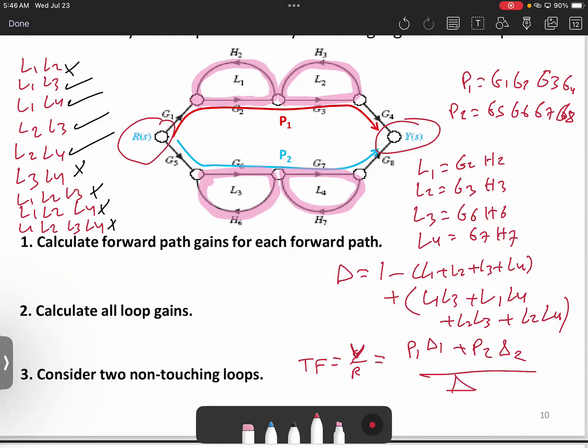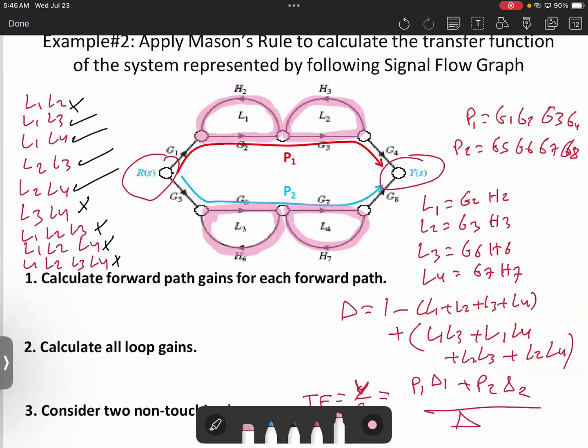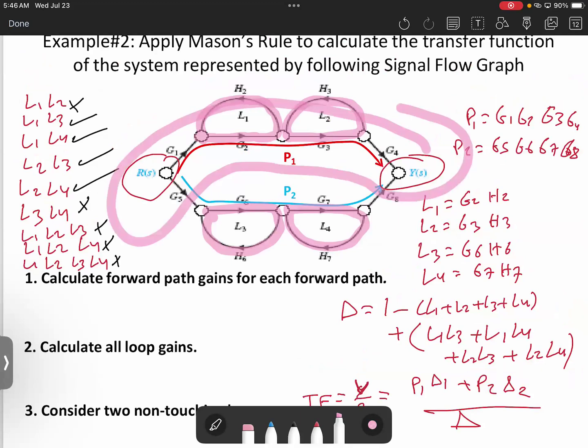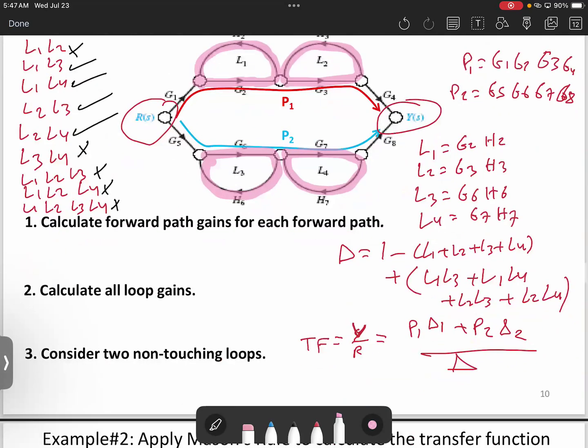Now the things that we need to calculate are delta 1 and delta 2. How can I calculate them? Look at path number 1. What do you think this path touches? L1, L2. Is it touching L3 and L4? No. Therefore, in order to calculate delta 1, consider anything related to L1 and L2 as 0. So 1 minus L3 plus L4.